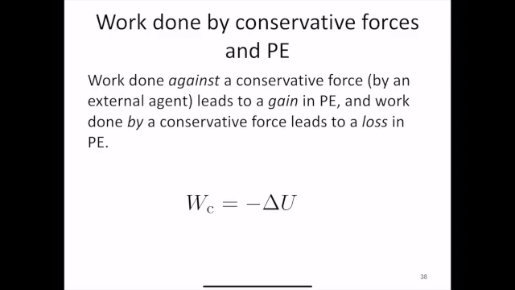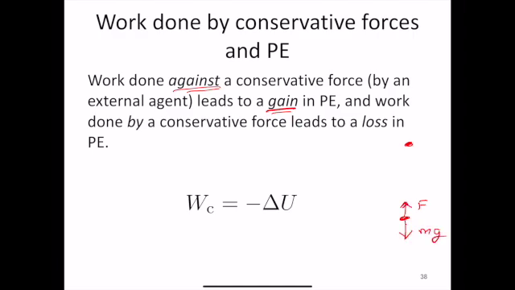So the work done against a conservative force leads to a gain in potential energy, right? So please keep that in mind. In the simple gravitational example that we looked at, we were lifting an object from here to here. So let's think through this carefully. The force that I am applying in lifting the object, F, is upwards, obviously, and the gravitational force on the object is downwards.